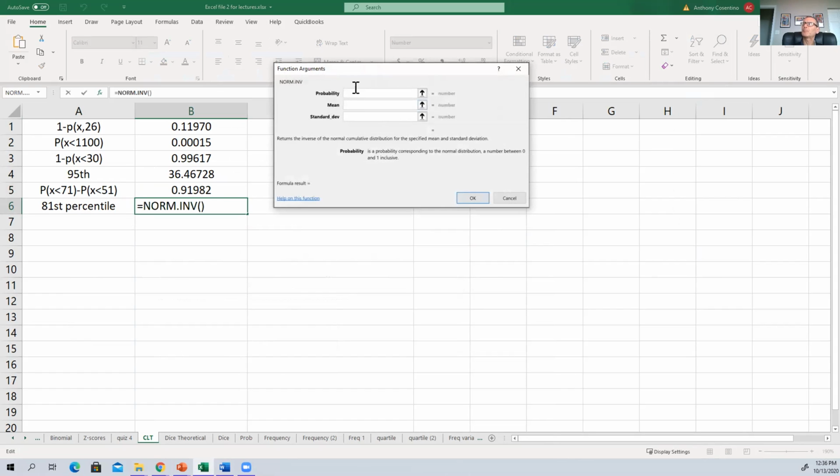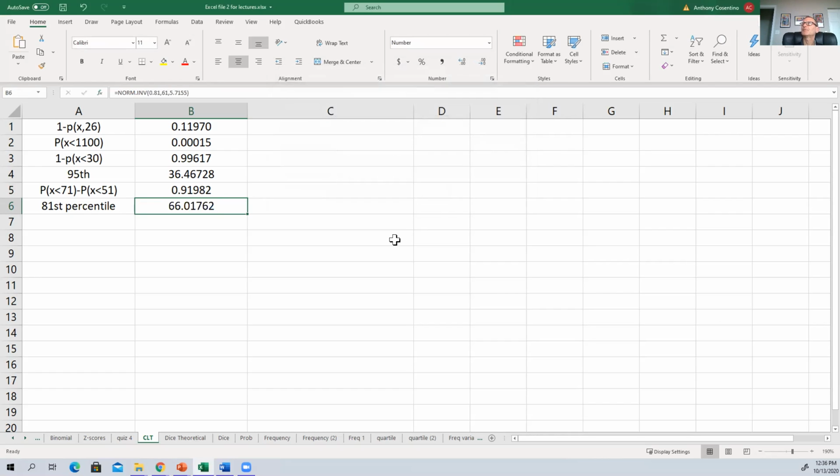That would be 0.81 for the probability. The mean is 61, and the standard deviation is 5.7155. When you do that calculation, it would be just over 66 pounds. So the 81st percentile for this mean of that small sample is 66 pounds.